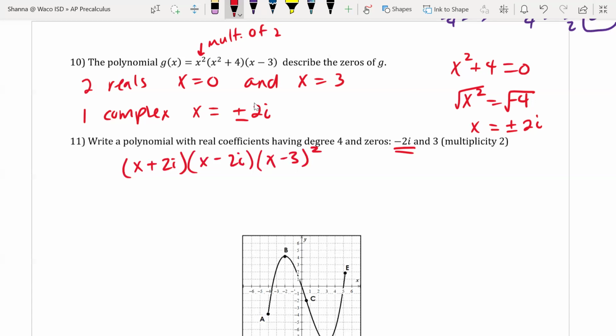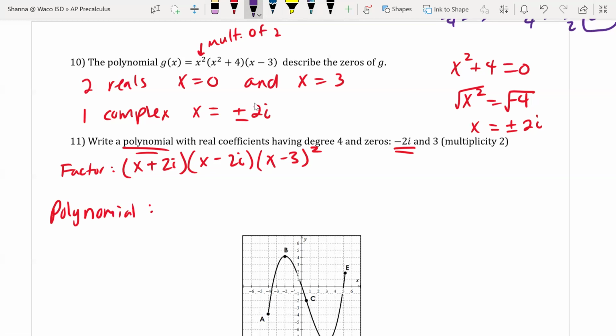Now, if it asks you for the polynomial, so we wrote it in factored form. Now it says write as a polynomial. Writing as a polynomial just means you have to use your multiplication skills. That is it. Can we multiply? You're going to multiply your complex factors together, and that's because it's going to eliminate the i.